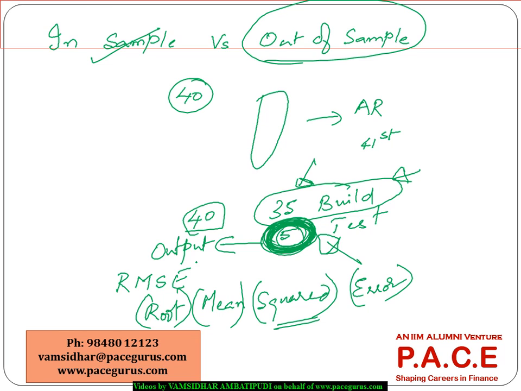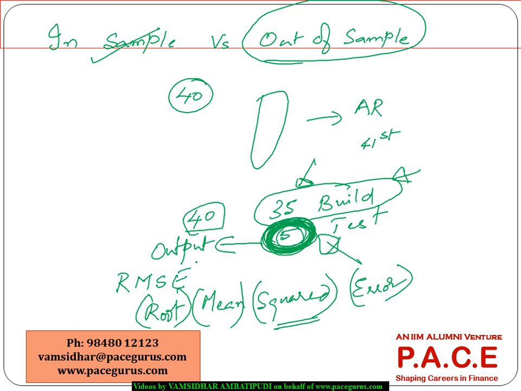Even when I test on data for which the output is already known, because I did not use it as a part of my model building process, if the error is not significantly different when compared with the data used to build the model, then it gives me a lot of confidence that I can roll this model out to new data quite comfortably.